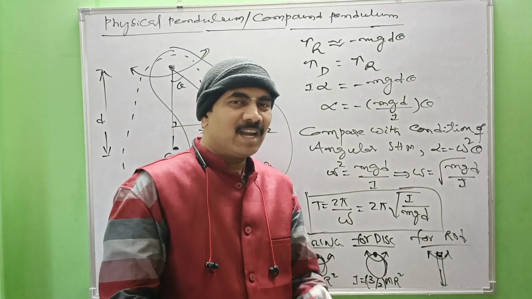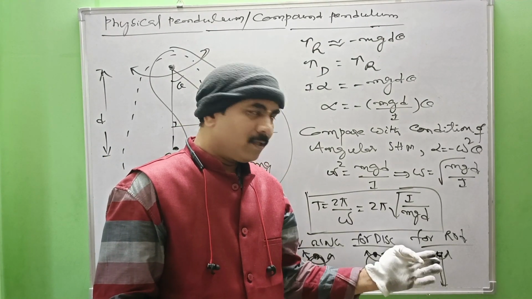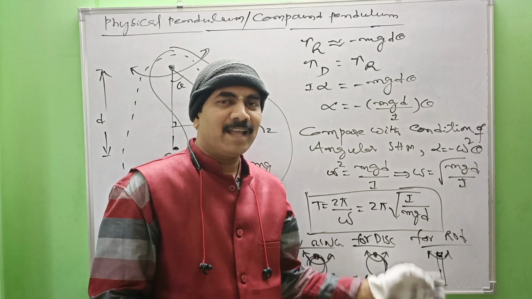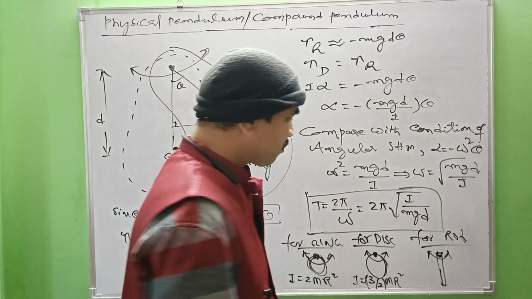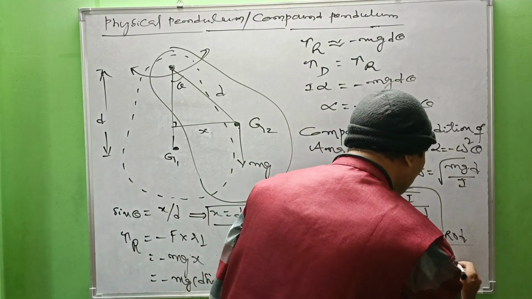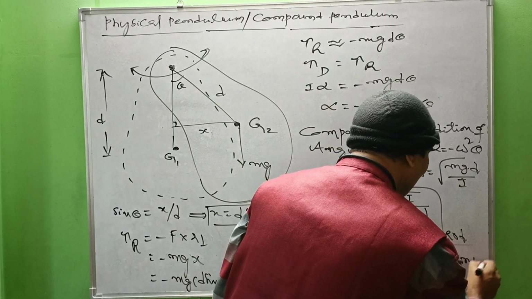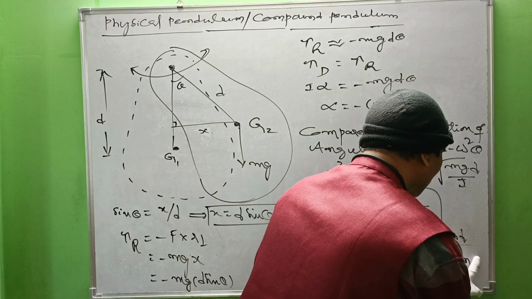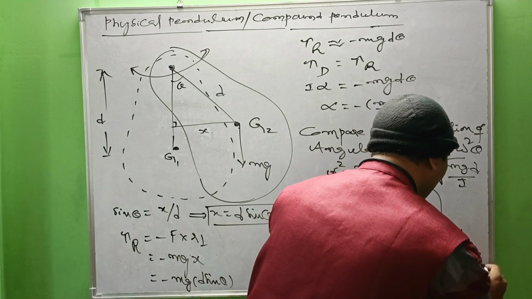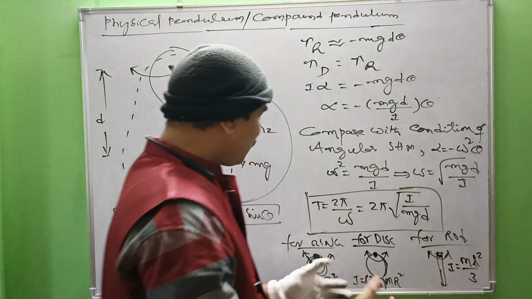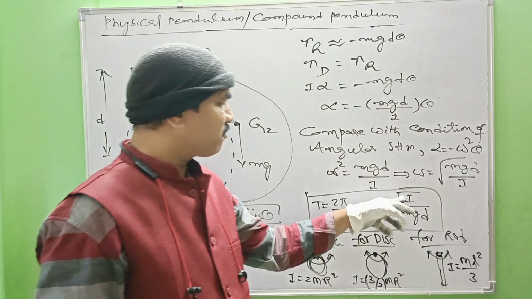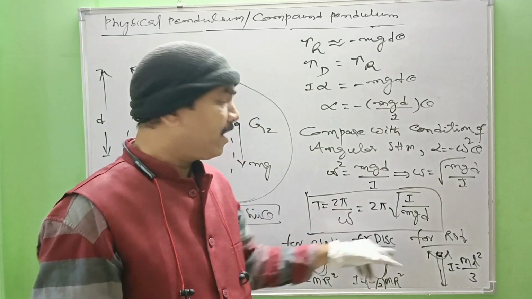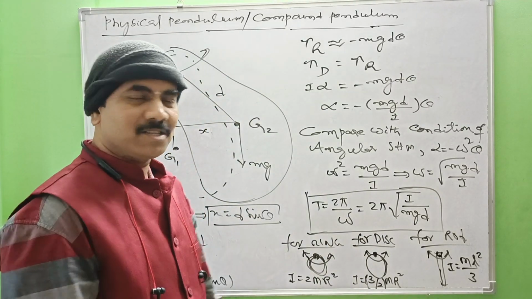The moment of inertia of a thin uniform rod of mass m and length L about a normal axis passing through one end is given by I equal to mL square by 3. So that's how, as per the shape of the rigid body, we can have different expressions for moment of inertia in finding the period of oscillation, right?